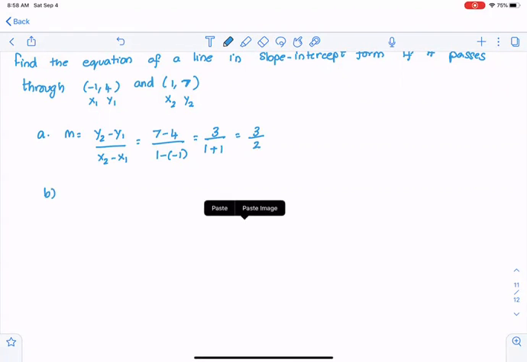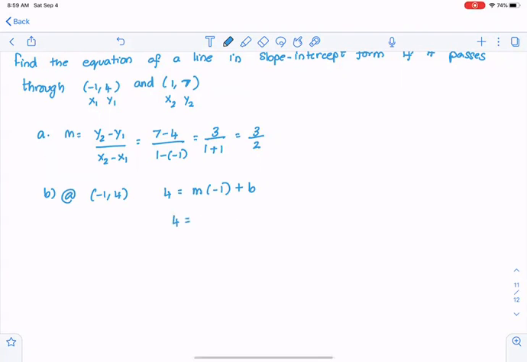To find the y-intercept, we can pick one of the 2 points. I'm just going to go ahead and pick -1, 4. y is 4, x is -1, plus b.